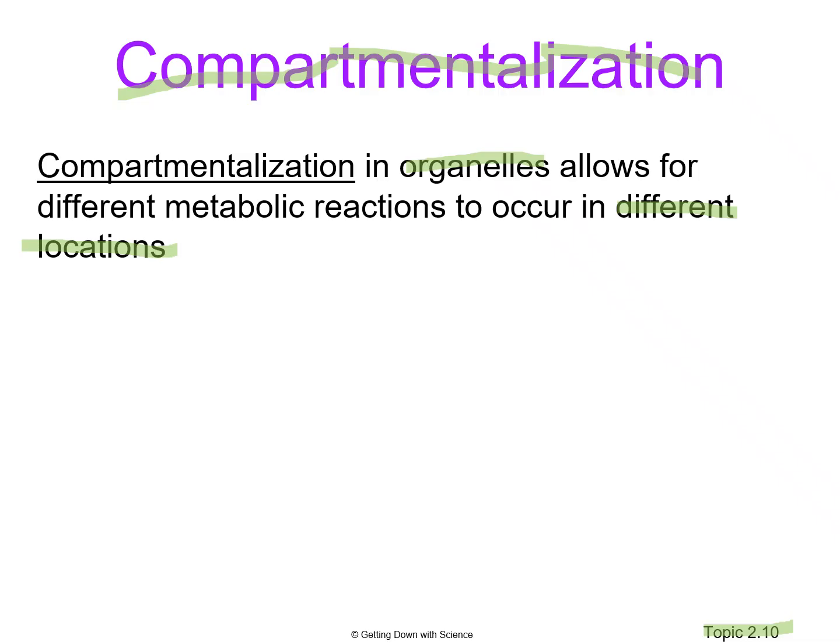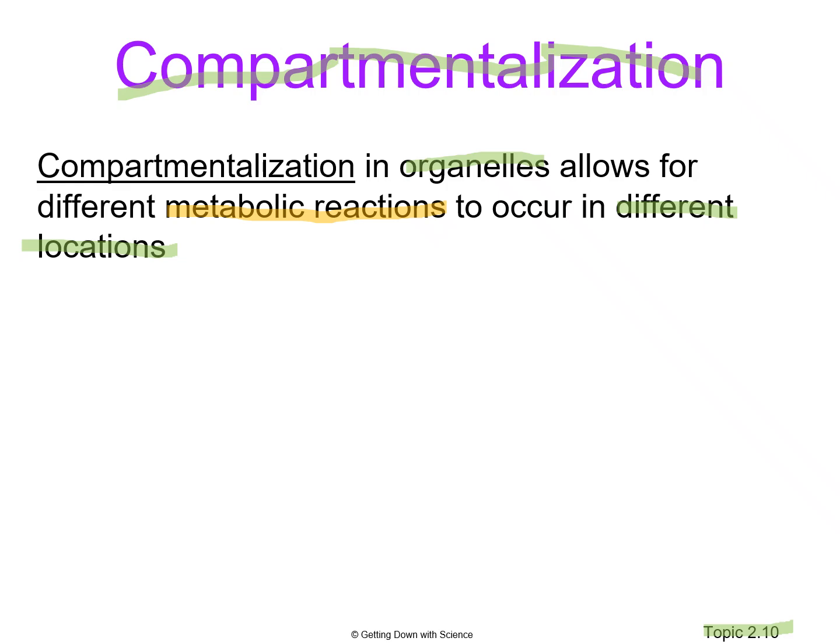And if you're confused about what a metabolic reaction is, a metabolic reaction is pretty much any chemical reaction that is occurring inside of a cell. Because cells have organelles that carry out specific functions, there are organelles that are responsible for specific chemical reactions. So, for example, energy is generated in the mitochondria. How is energy generated? Through the process of cellular respiration.